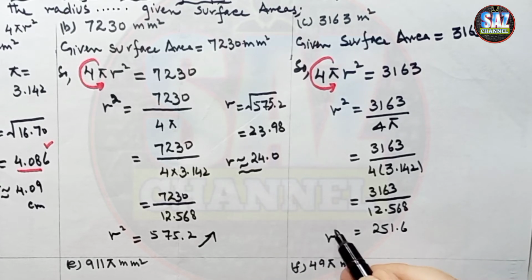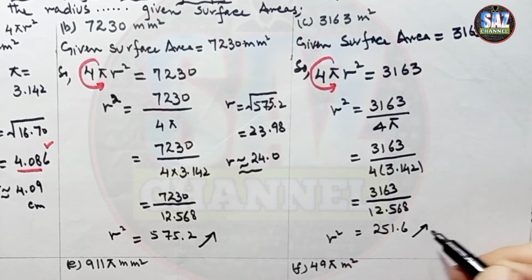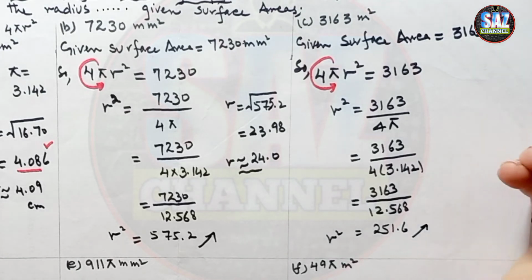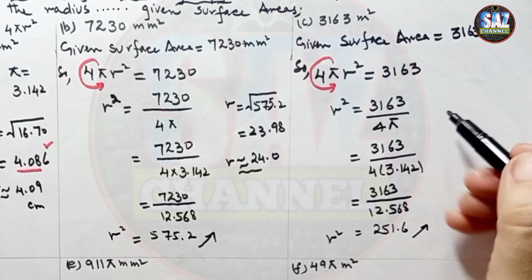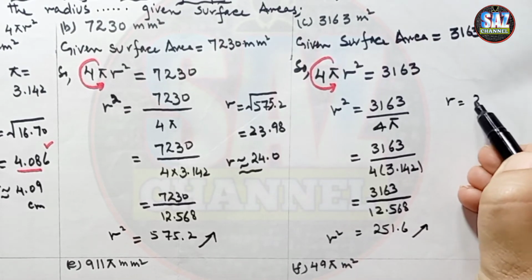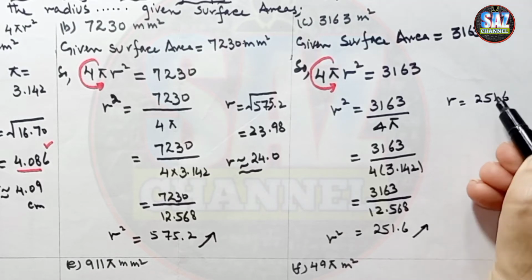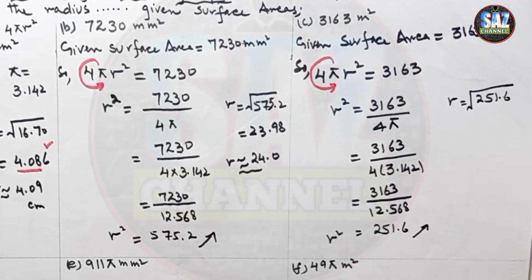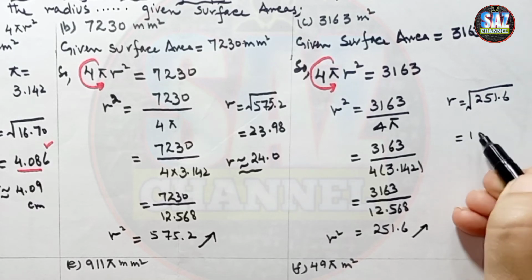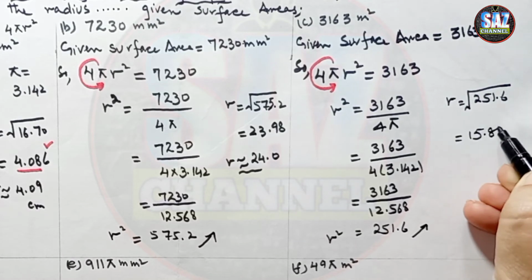251.6 for r square. And then in order to get the value of r, I have to take the square root of this number, 251.6. Okay, and the square root of 251.6 gives me 15.86.